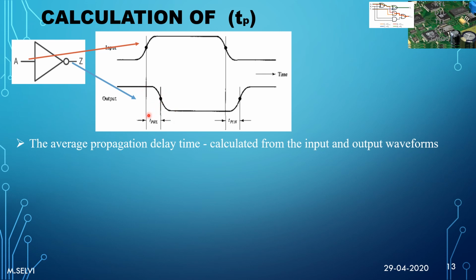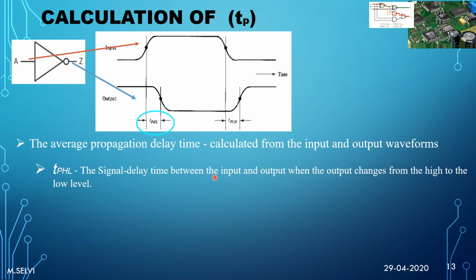So, the time delay between this input and this output change, you call it the time delay between the input and output when the output is changing from high to low. You call it time delay high to low, TPHL.